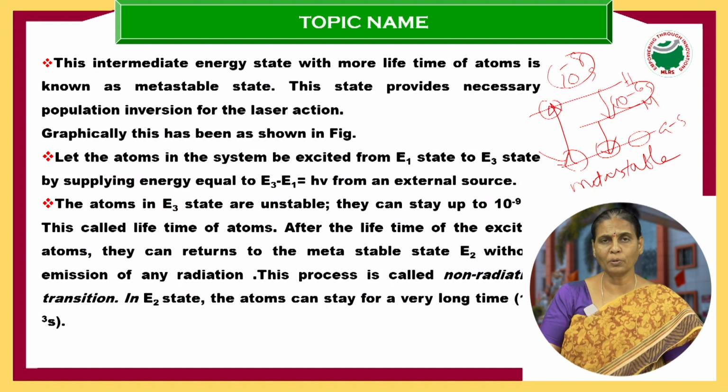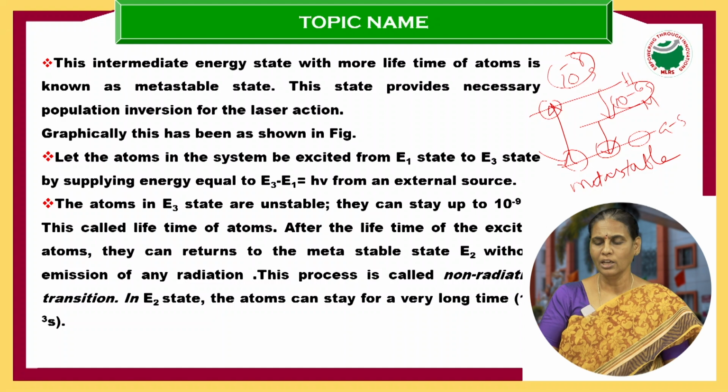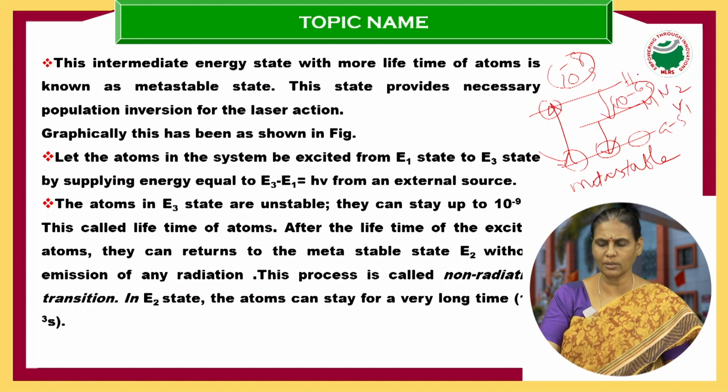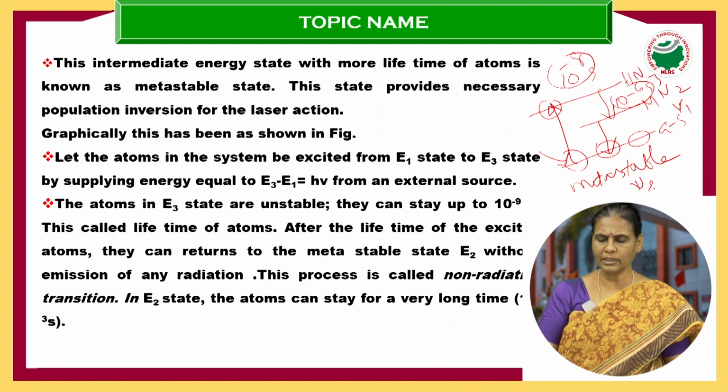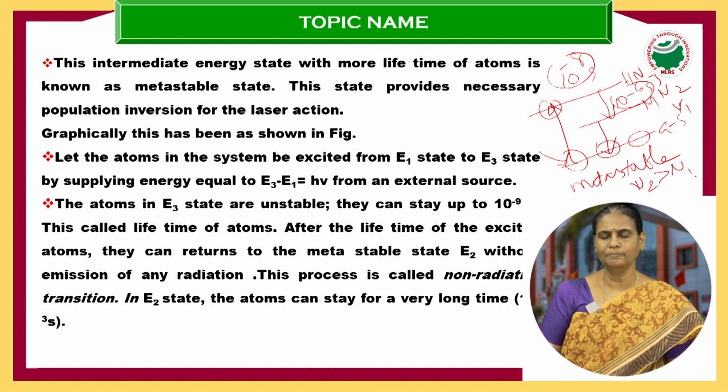Okay, so this is the process that is happening. Now, what is population inversion? Let us take N1 number of atoms, N2 number of atoms, N3 number of atoms. Now I have to show N2 greater than N1. Did you understand the concept here? In the lower energy state, the atoms are present.